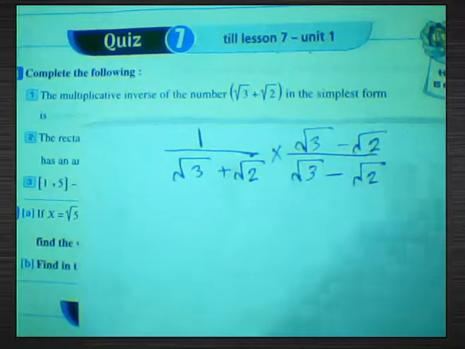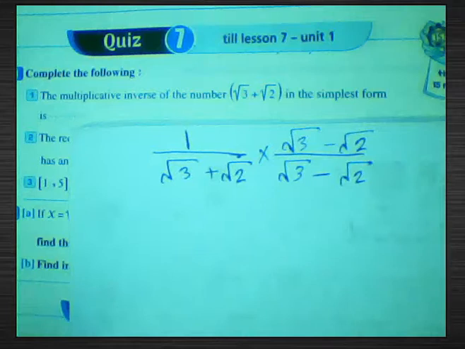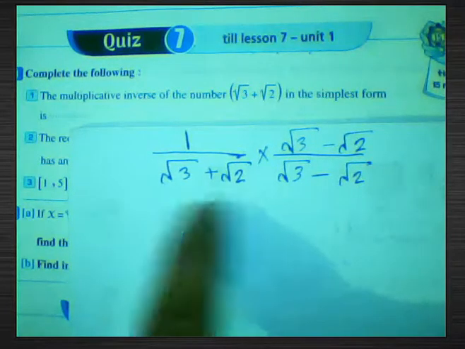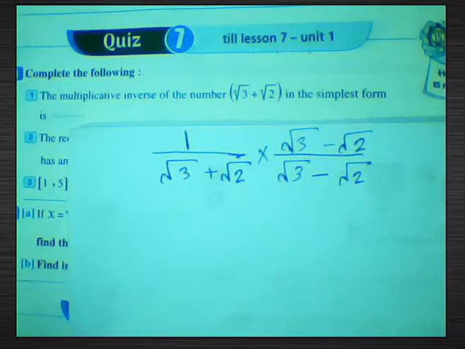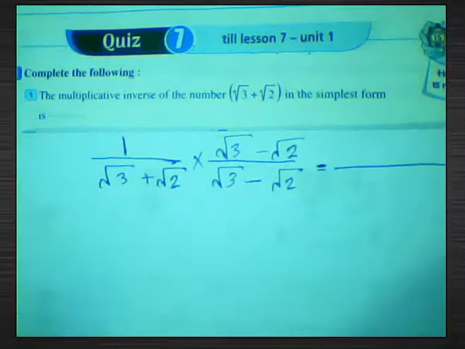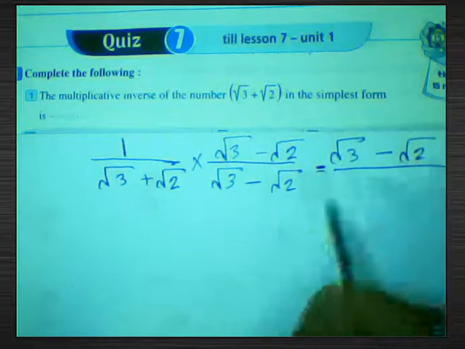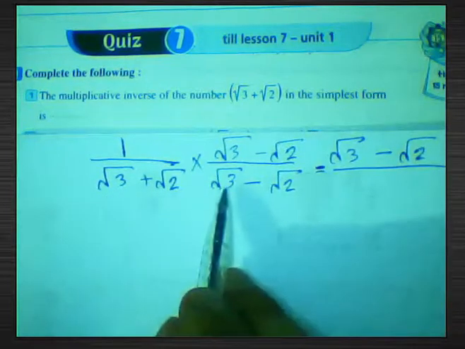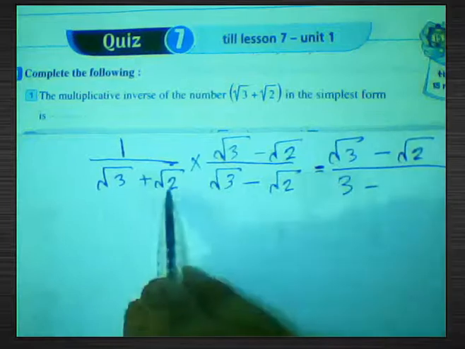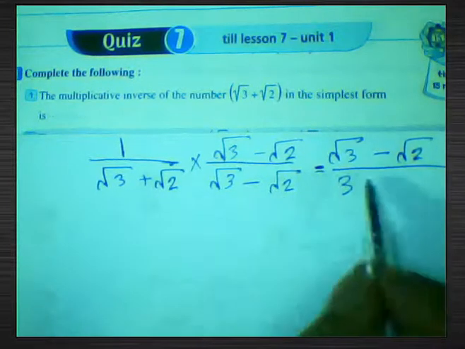Okay, we can find the simplest form by multiplying by the conjugate of the denominator. The expression square root of 3 plus square root of 2 has conjugate square root of 3 subtract square root of 2, and we multiply numerator and denominator. Square root of 3 subtract square root of 2 over square root of 3 times square root of 3 equals 3, subtract square root of 2 times square root of 2 equals 2.